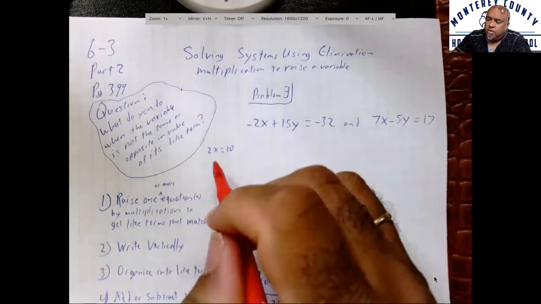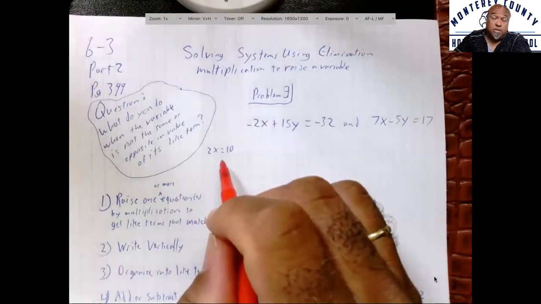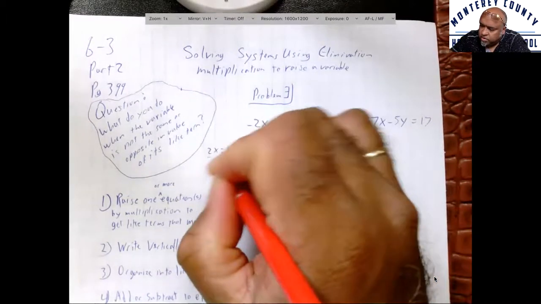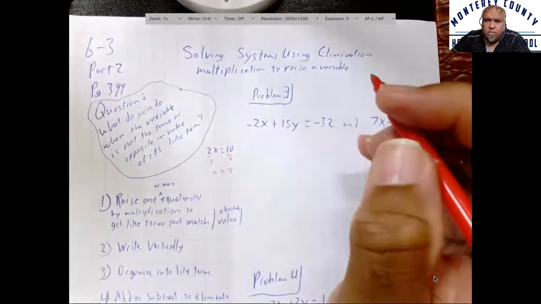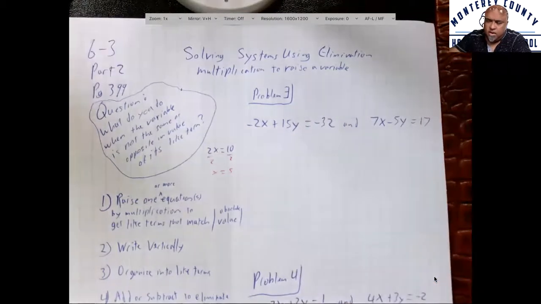Take a look at this little mini equation here. 2x equals 10. So what would x equal? Yes, that is correct. It would equal 5. If you divide both sides by 2, then you get x equals 5. But what happens if I were to raise 2x equals 10?